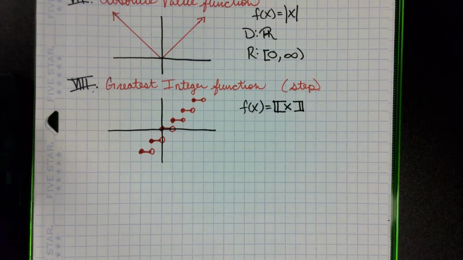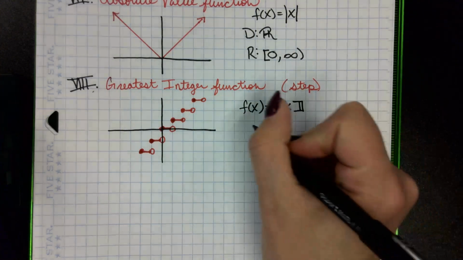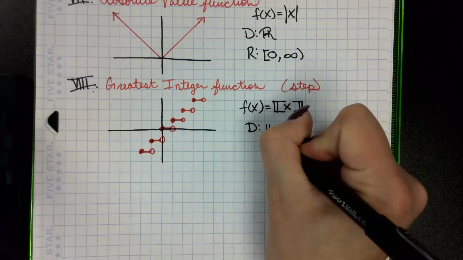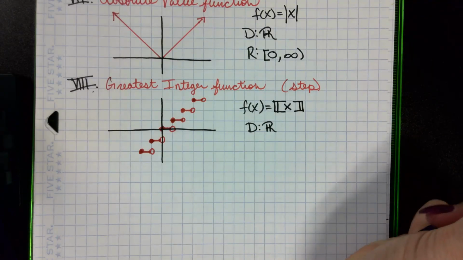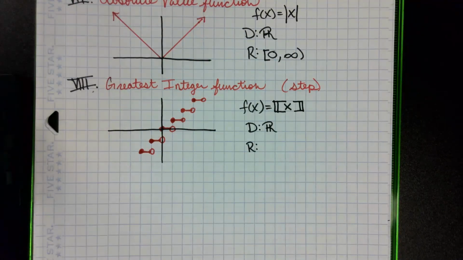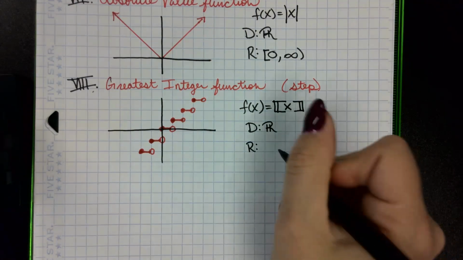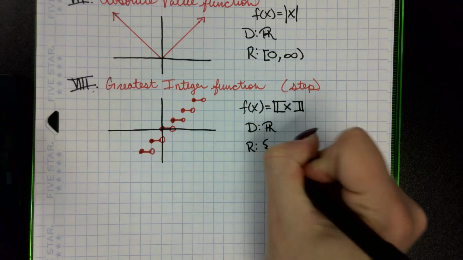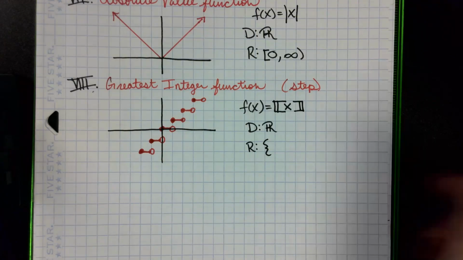So domain here can be all real numbers. Left to right doesn't stop, but the range, and this is also a little different than what we normally do, I'm going to write this in set notation. So use that squiggly bracket.